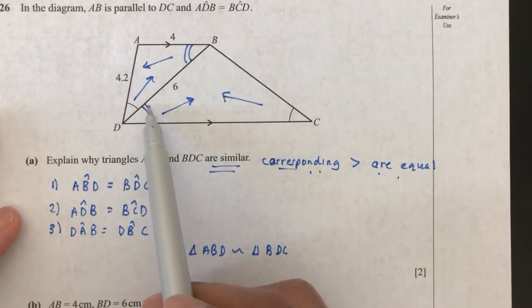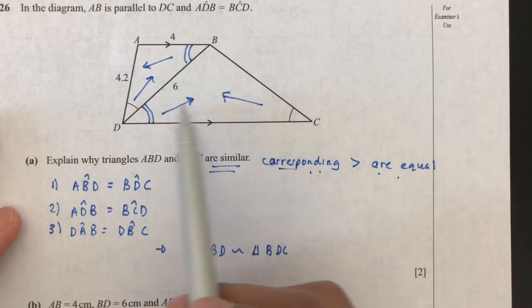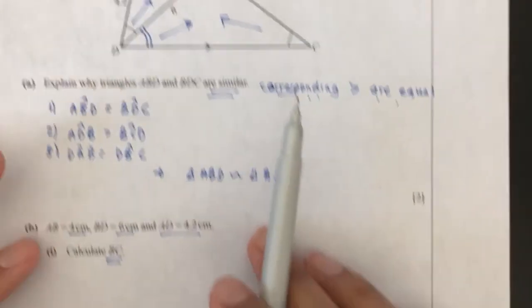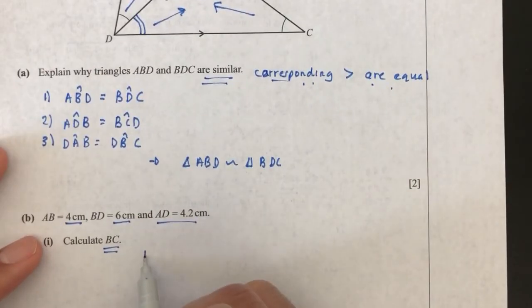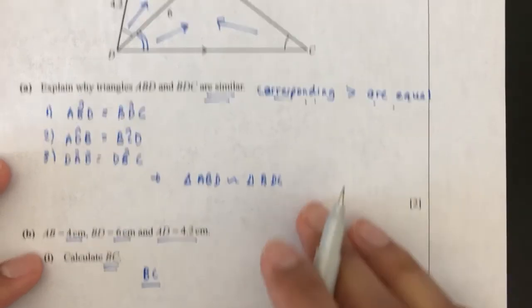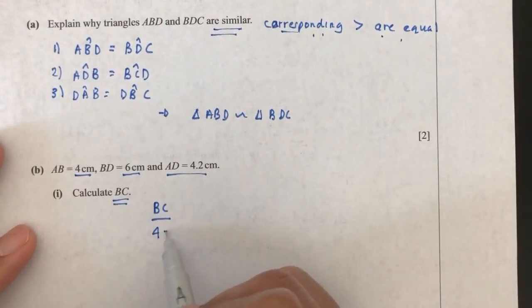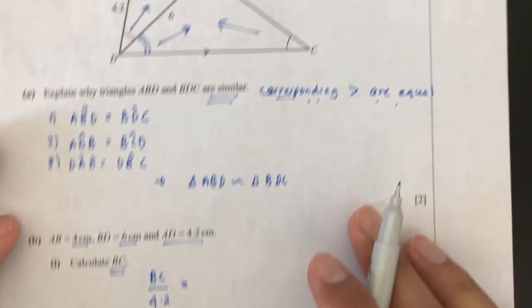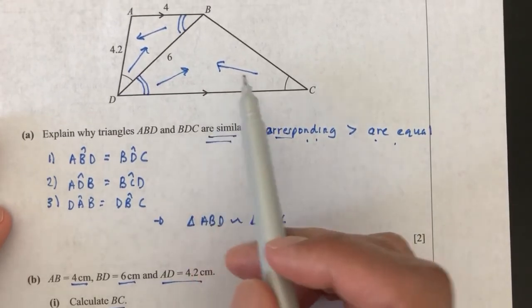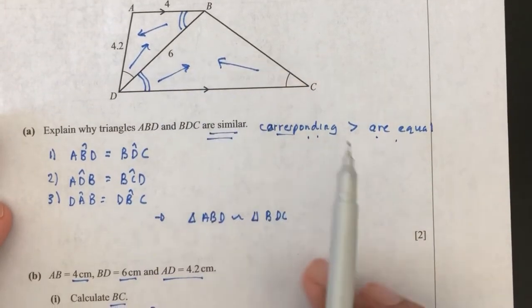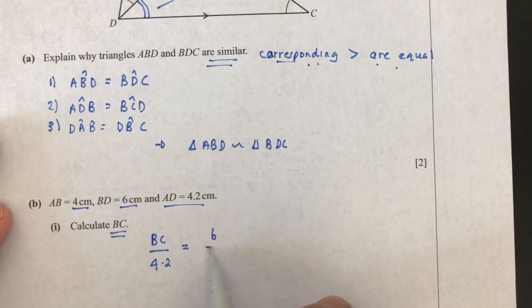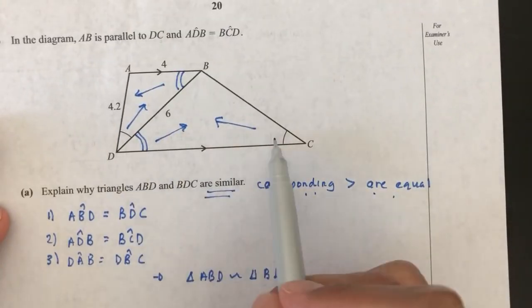So let's see. The side opposite of this angle is BC. So we say BC over the side opposite this angle, which is 4.2, is equal to, we have to use this side, which is 6, over the side opposite the angle, 4.